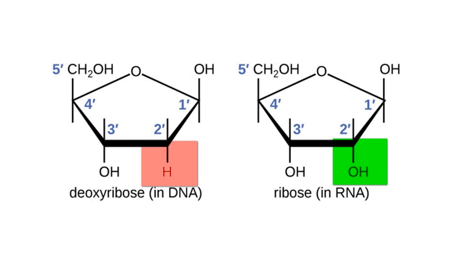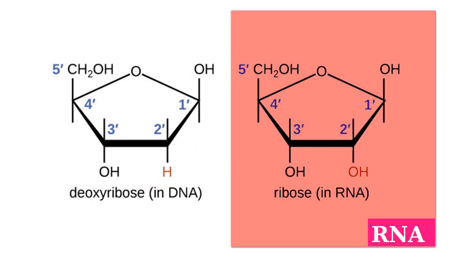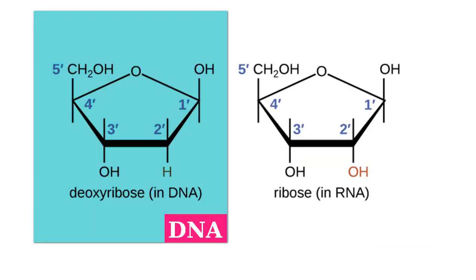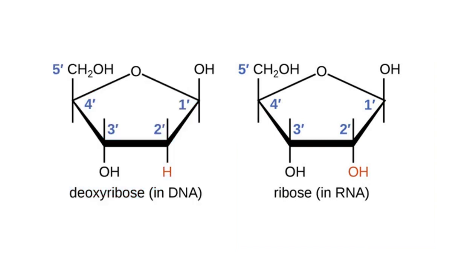So in ribose, the hydroxy is present at the second position, whereas in deoxyribose that oxygen is missing; that's why we call it deoxyribose. The nucleic acids which contain ribose as their sugar are called ribonucleic acids. At the same time, the nucleic acids which contain deoxyribose as their sugar are called deoxyribonucleic acid, that is DNA.